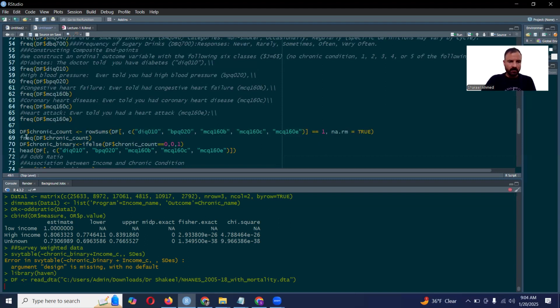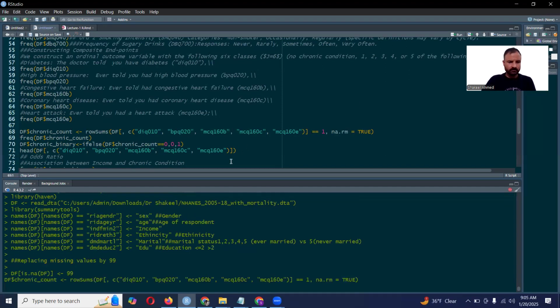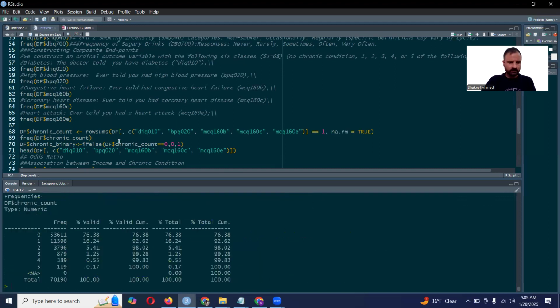If we just run this, you can see the chronic counts. 0 means no chronic condition, 1 means at least one of the diseases persists, and 2 means the person has two diseases, and so on.